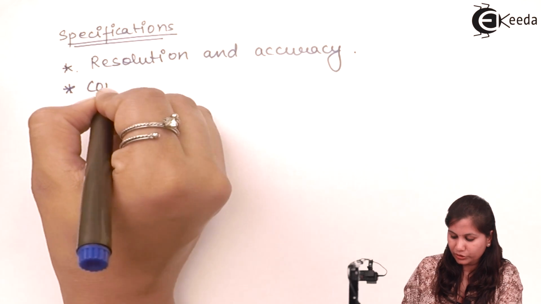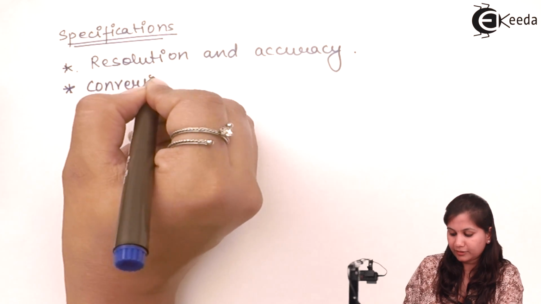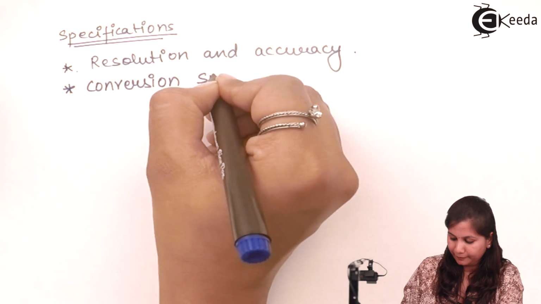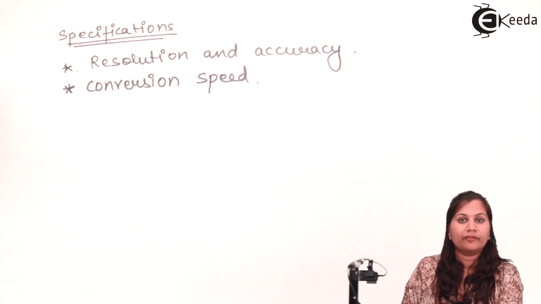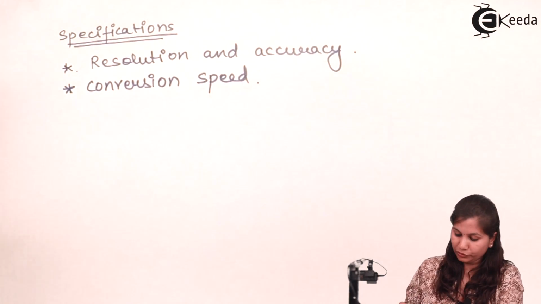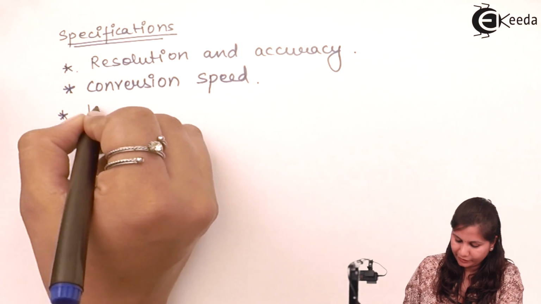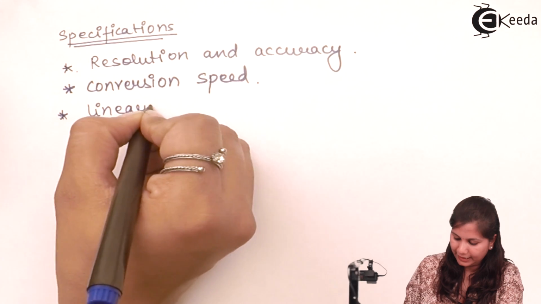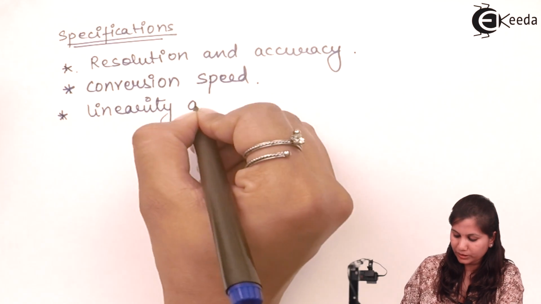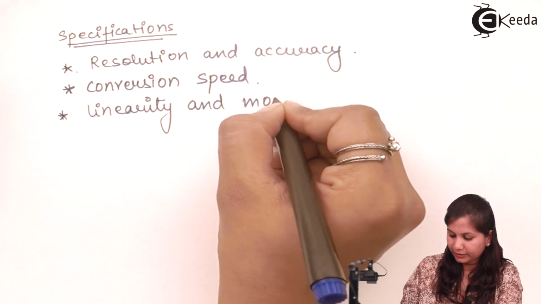Conversion speed is also considered, that is, how fast the conversion is done. That is also a very important specification for A to D converters. Other specifications like linearity and monotonicity are similar to the D to A converters.